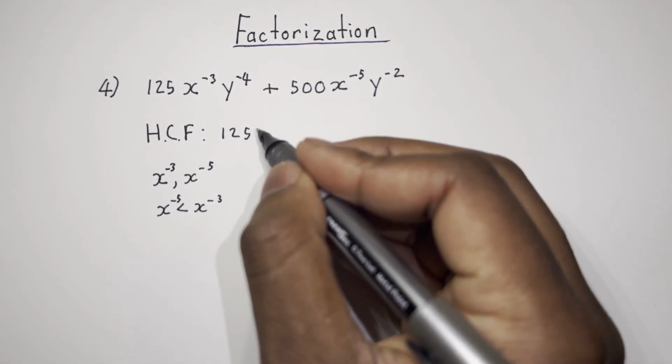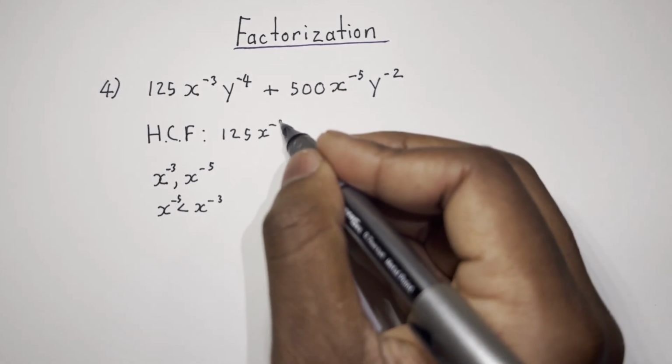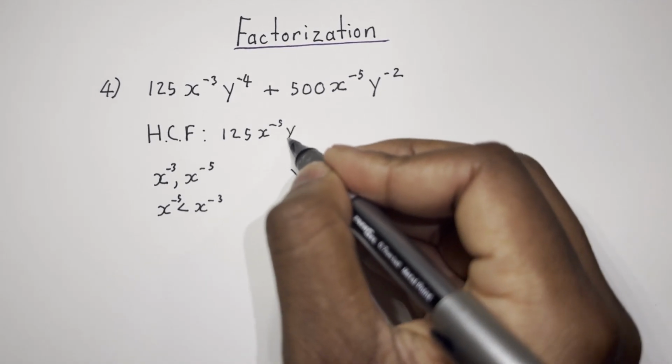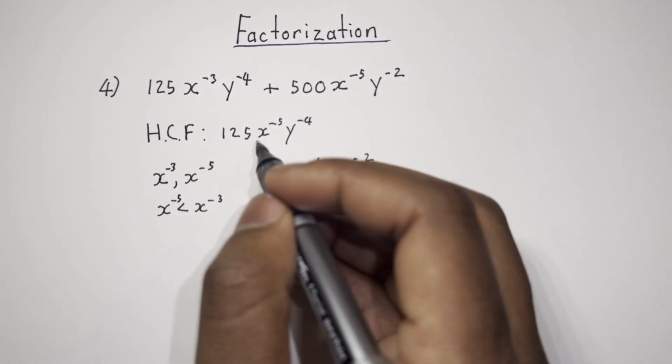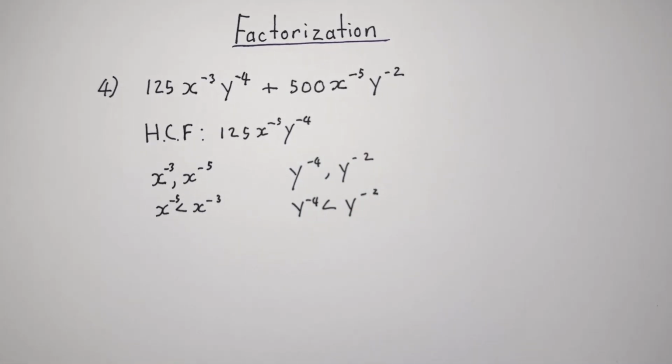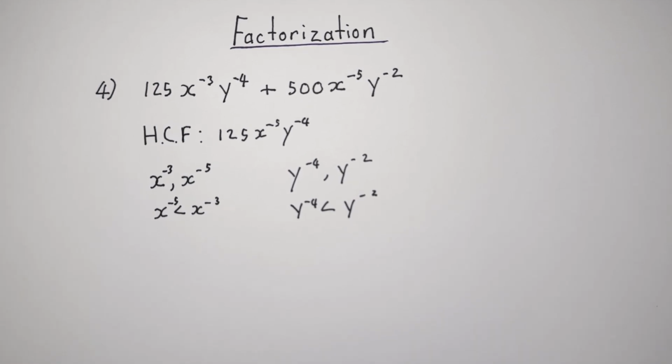So our HCF is x to the negative 5, y to the negative 4. Our complete HCF is 125, x to the negative 5, y to the negative 4. And as I stated earlier, practice makes perfect. So if you made any error while carrying out this problem, just do it again.